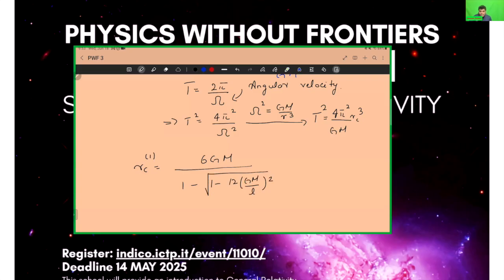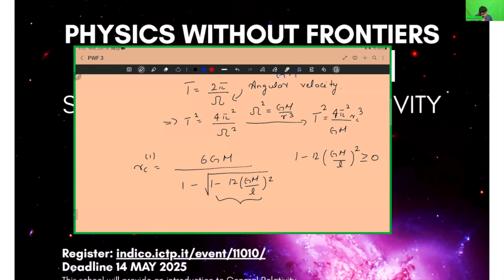Now, you can only have this solution if whatever comes inside the square root is non-negative, right? Which means that 1 minus 12 GM over L squared should be bigger than or equal to 0.